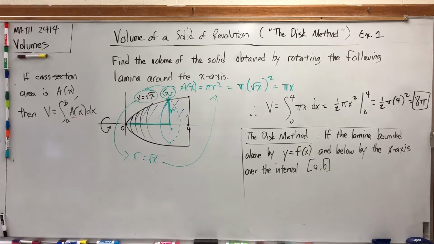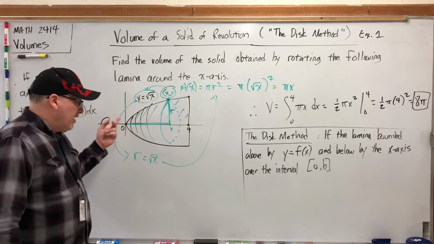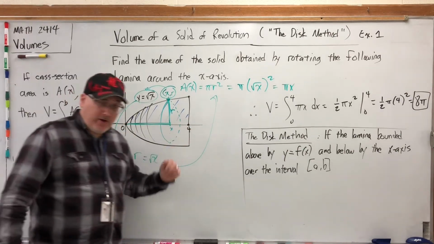I haven't even finished the first part yet. If the lamina bounded above by a function and below by the x-axis over the interval a to b. So something above it, the bottom is the x-axis, and it goes from one number to another.